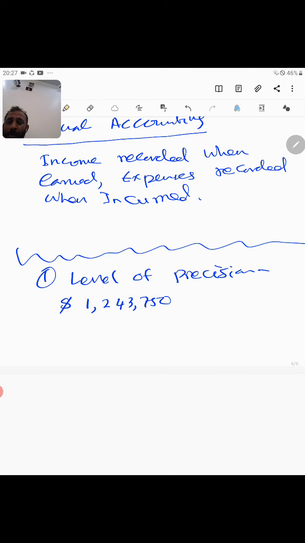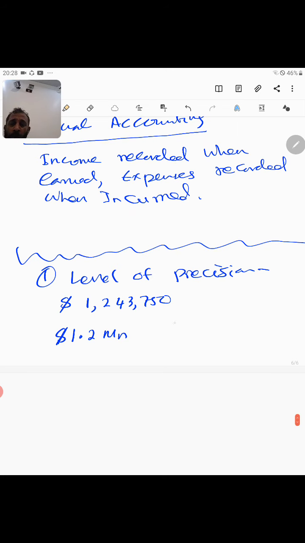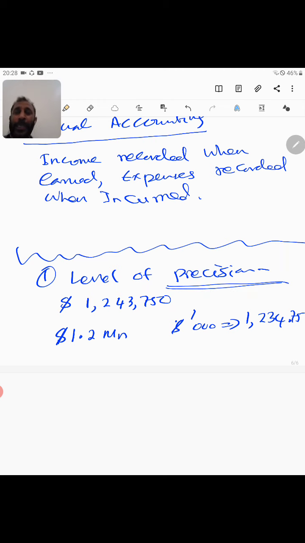If it is in dollars, we can present it in different ways. One is $1.2 million, presented in millions, or I can also show it in thousands, $1,243.75. So in the financials, you have to tell the user what level of precision you have used in reporting the numbers. So that is number one.